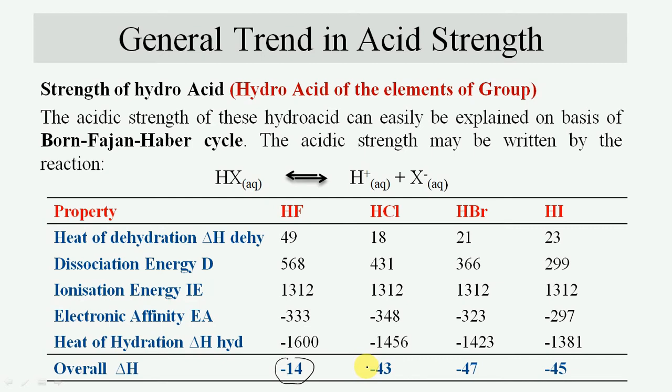The values also explain the gradually increasing strength of hydrogen chloride and hydrogen bromide. But it fails to explain the relative strength of hydrogen iodide, which is less in comparison to hydrogen bromide.